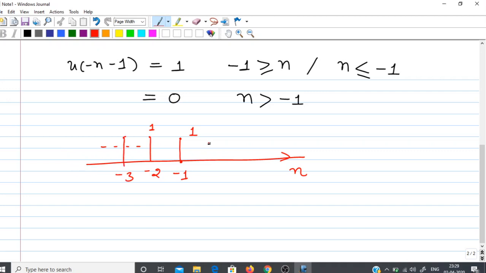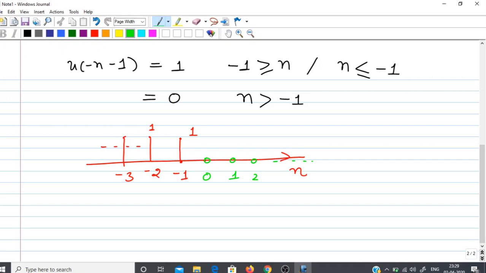For n equals 0, the sequence is 0. So I draw zeros with the help of green color. It is 0 at 0, it is 0 at 1, it is 0 at 2, and so on. It is 0 from 0 onwards. So this is u[-n-1].